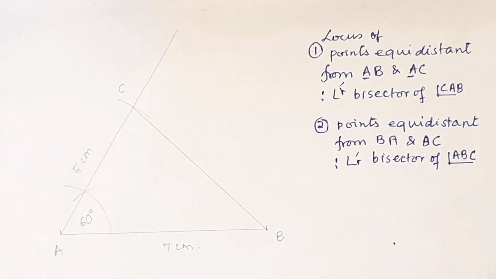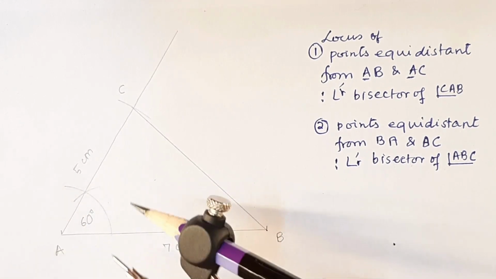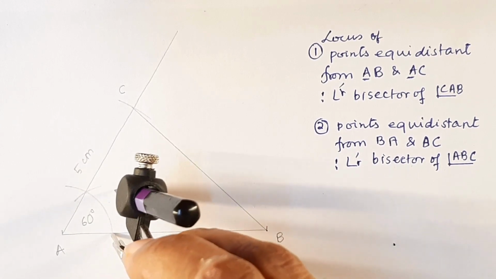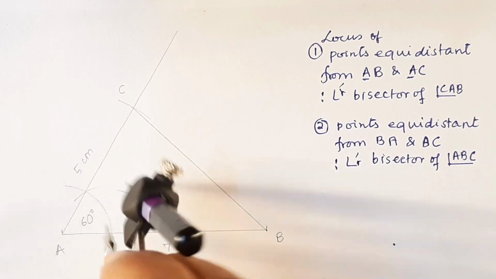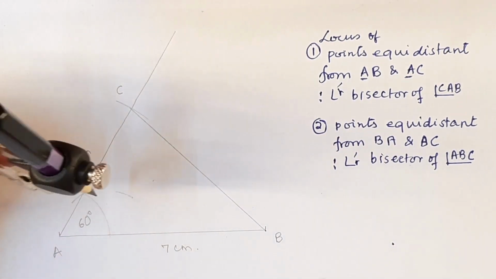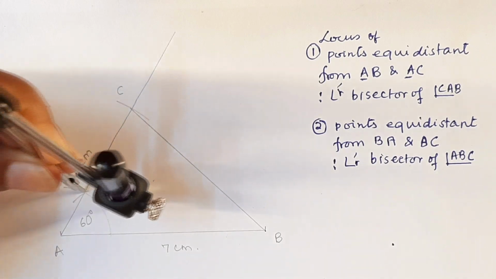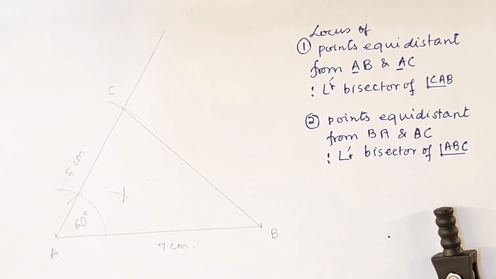Now for angle CAB, we already have this arc. So we will take the radius more than half of this arc, like so, and we will draw the two arcs like this. They should be intersecting arcs.